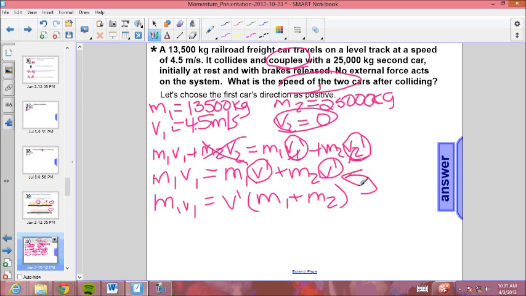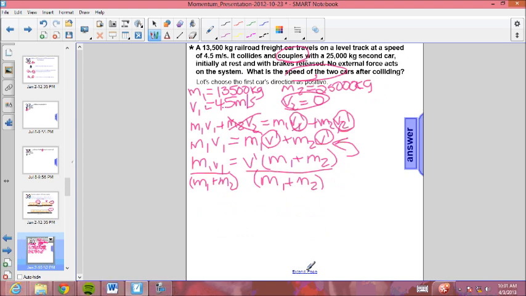And now, again, we just want to get v prime, so we would divide by m1 plus m2. And they would cancel out. So now we've got our v prime equals m1 v1 over m1 plus m2.